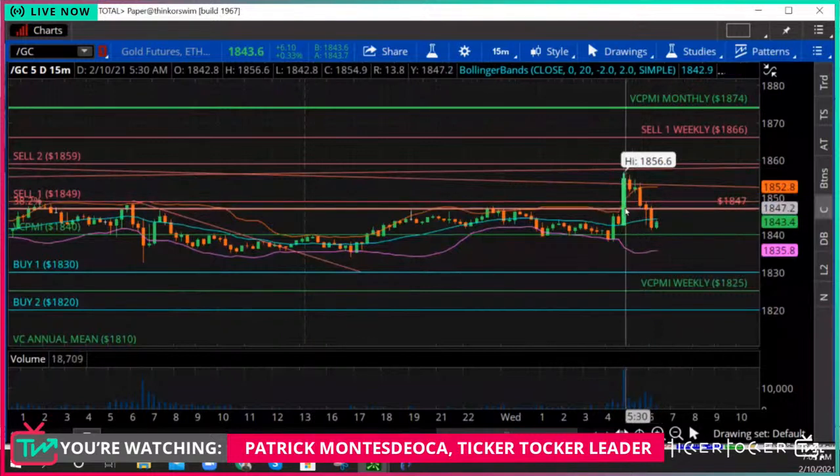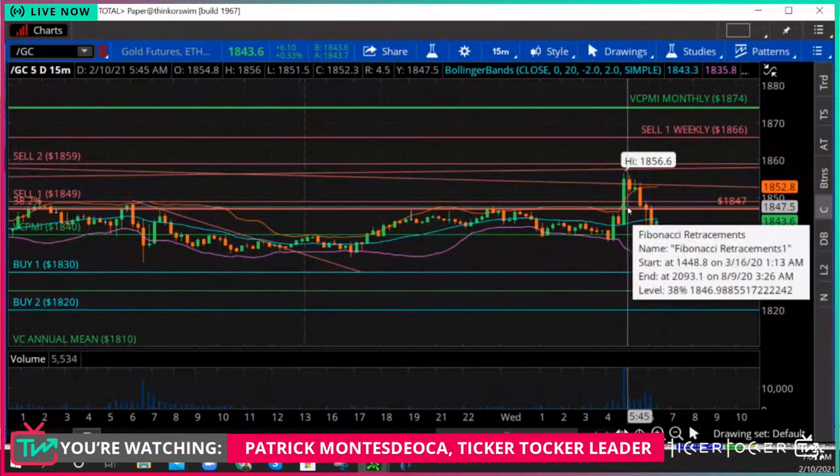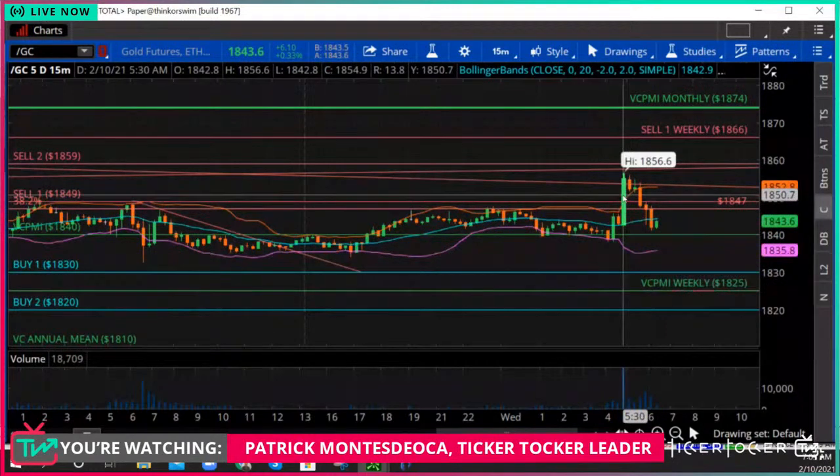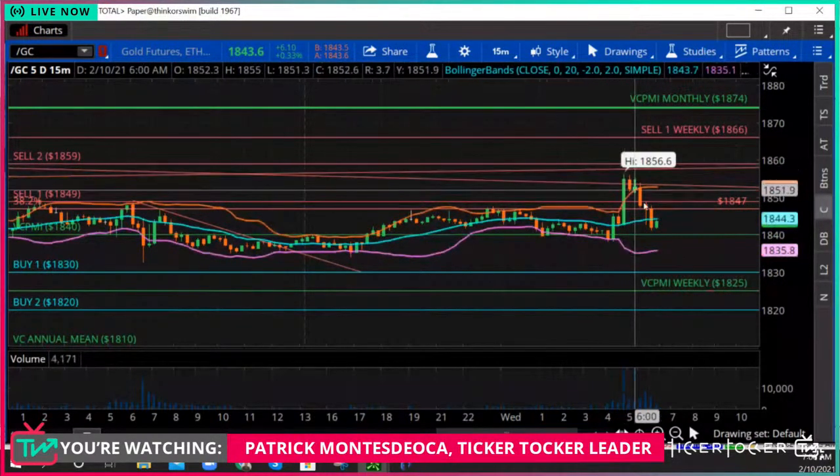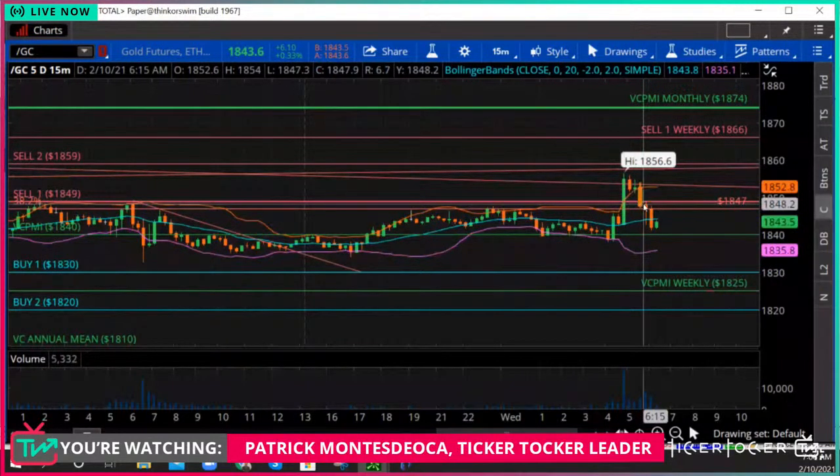The algorithm, when it goes through the resistance level, it becomes the support for the next fractal in price. When it comes down, it negates that, and a close below activates again a bearish trigger.